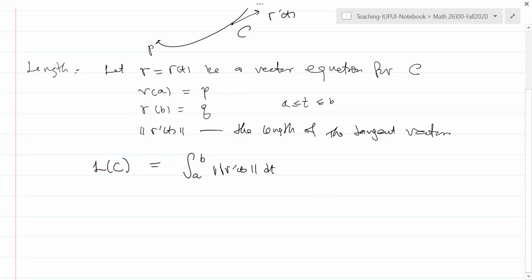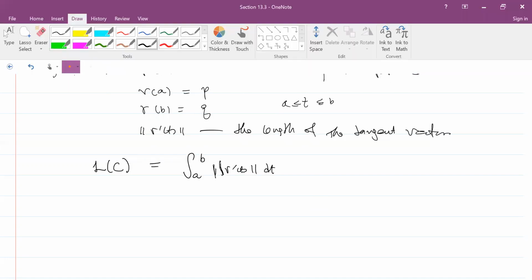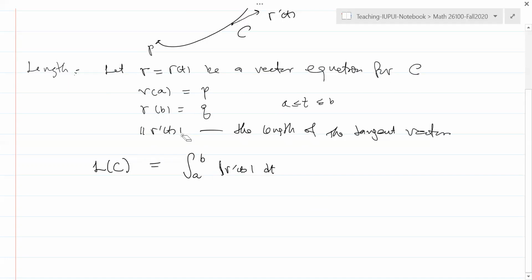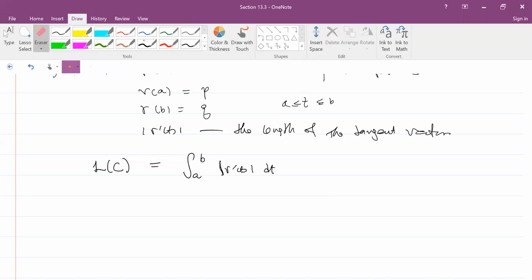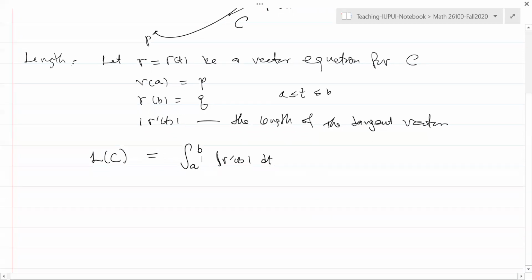Oh, the formula is the integral of the length of the tangent vector. I can use just one bar, so it's not necessary to use double vertical lines. This is the length of the tangent vector at time t, and this becomes a function of t. So we can integrate the function.